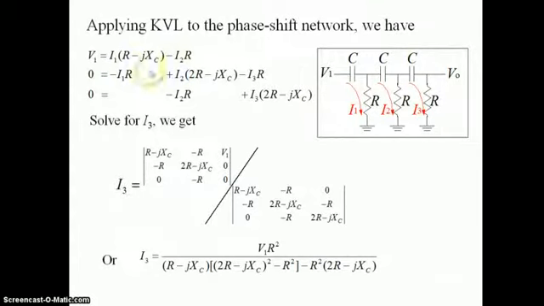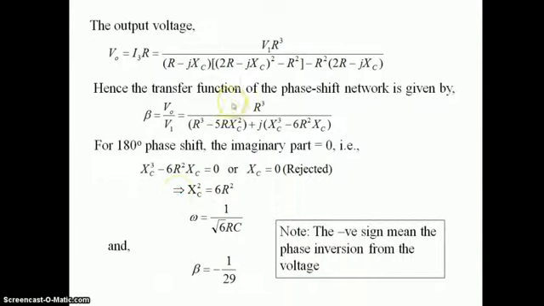We have three general equations, and solving for the currents I1, I2 and I3, we get this type of equation and finally V output. Our motive is to calculate beta and omega. Beta is the feedback factor; note that this is not an amplification gain. So beta is equal to V output divided by V1. The frequency omega is equal to 1 upon root 6 RC, and beta is equal to minus 1 upon 29. The negative sign means phase inversion of the voltage.